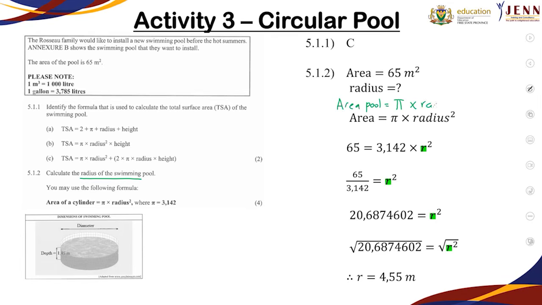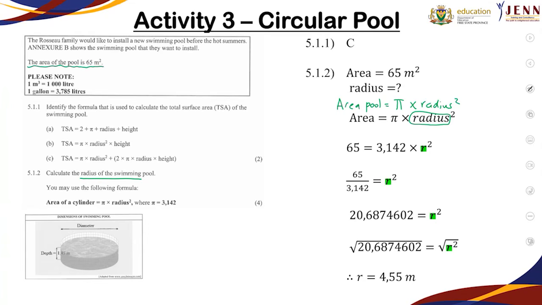5.1.2. So we want to calculate the radius. And they gave us a formula, and they say that the area of the pool is equal to pi multiplied by radius squared.